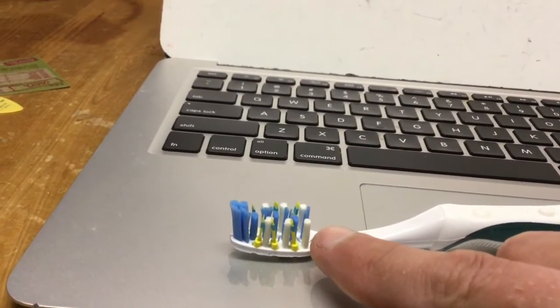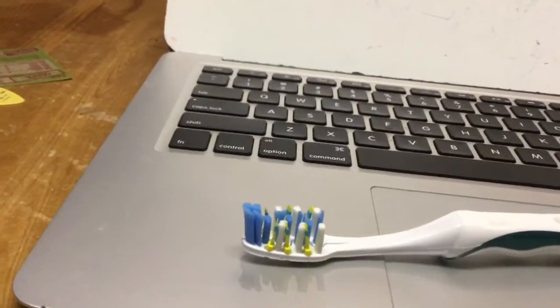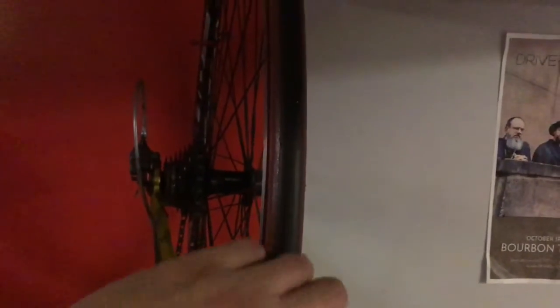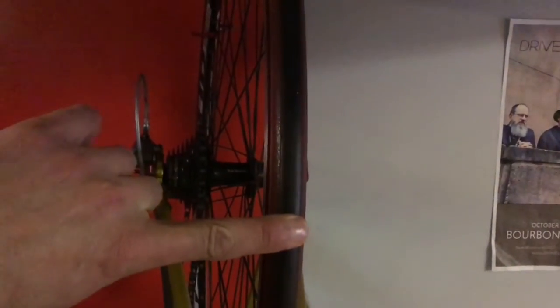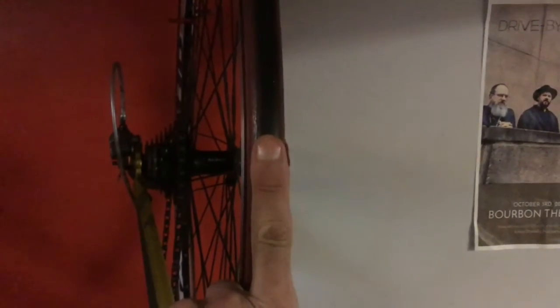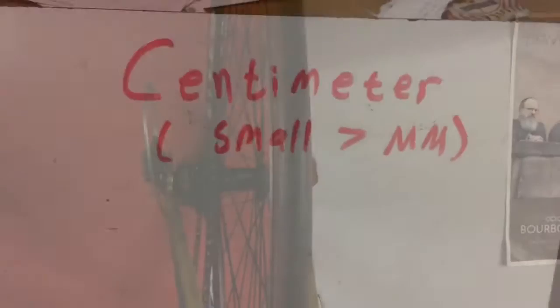It's not very big. I'd measure that in millimeters. My bike tires are measured in millimeters. Across here, 25 millimeters. Not very big. They're skinny. There's my finger to give you some idea. So millimeters are for small things.